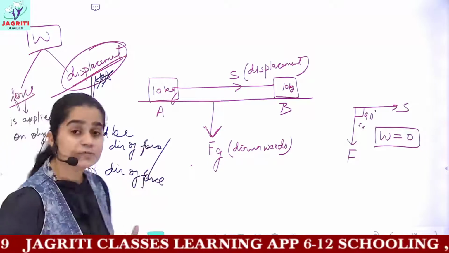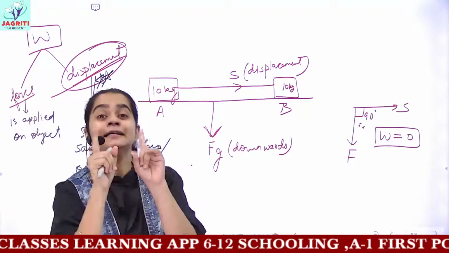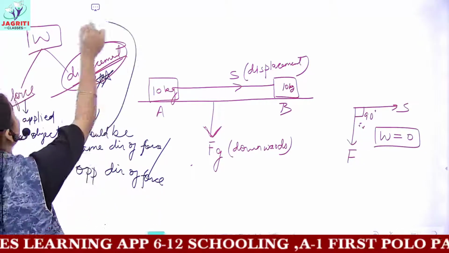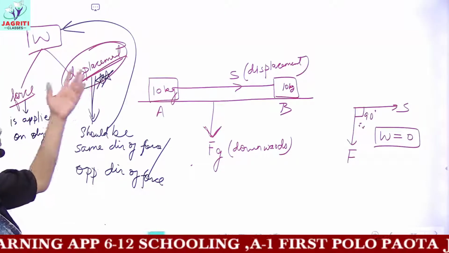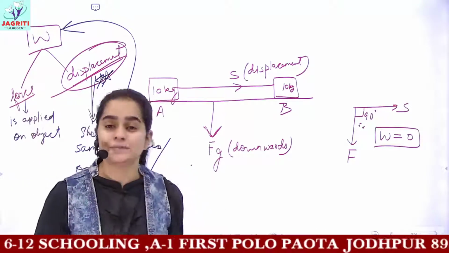So either the displacement should be in the direction of force or in the opposite direction. Then only will you say that work is being done. If the object is moving in any other direction, then you will say no work is being done.